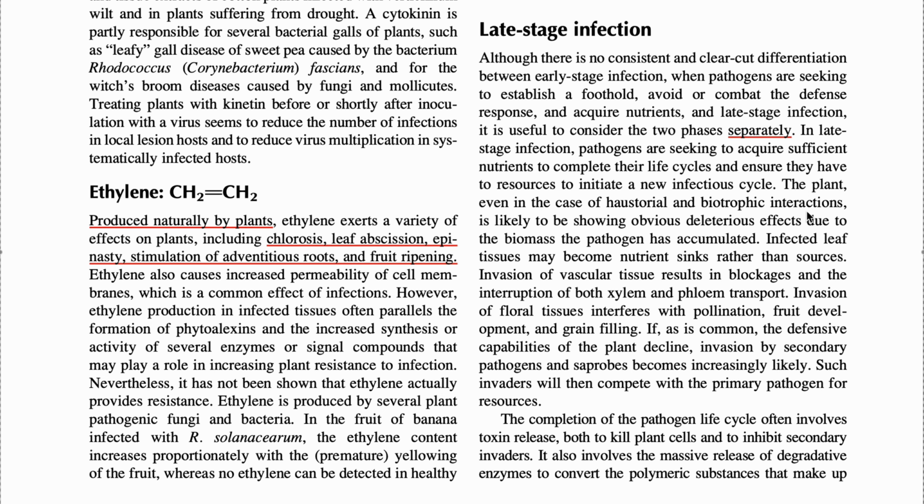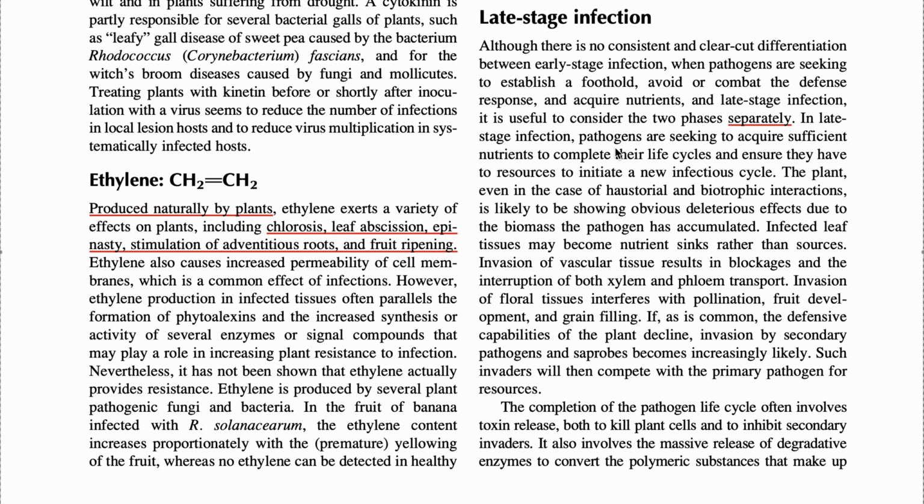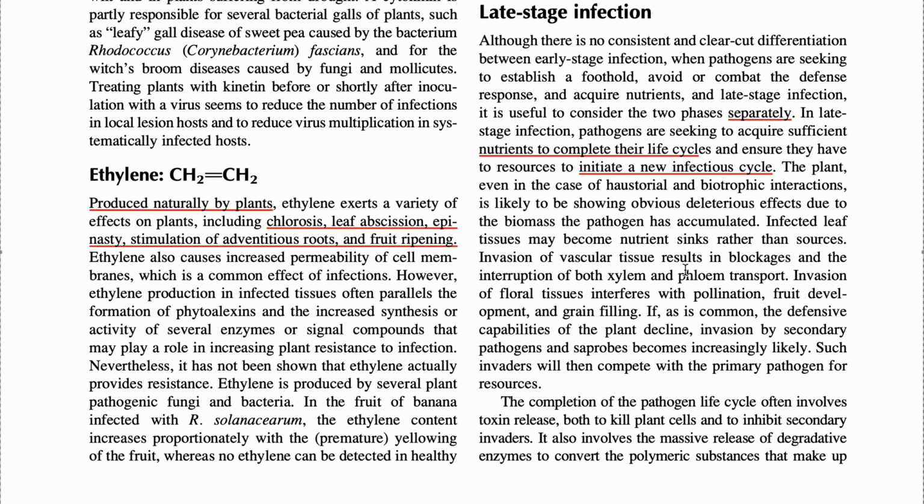So, in late stage infection, pathogens are seeking to acquire sufficient nutrients to complete their cycles and ensure they have the resources to initiate a new infectious cycle. So they have completed whatever they needed to do. Now their new motivation is to start a new cycle.